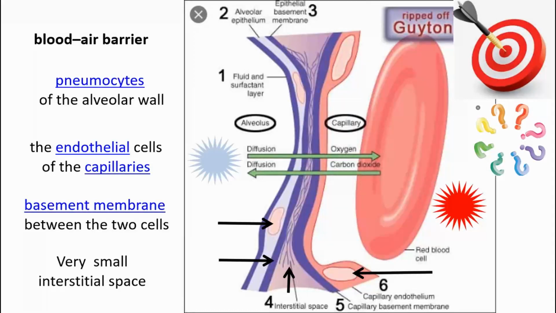The endothelium of capillaries also must have a basement membrane, and the two basement membranes become very close to each other, with a very small interstitial space between the two basement membranes. Here, at the tip of the arrow, is the very small interstitial space.